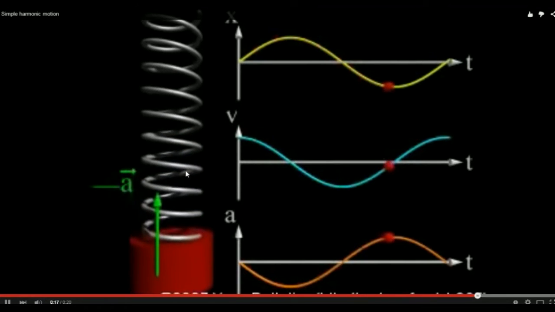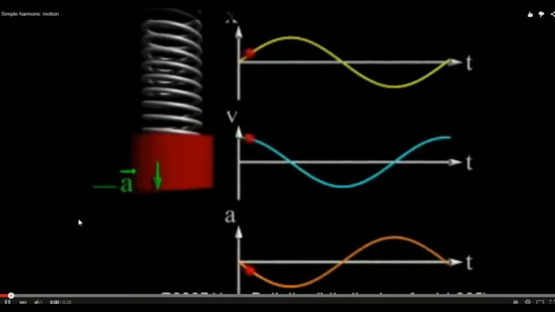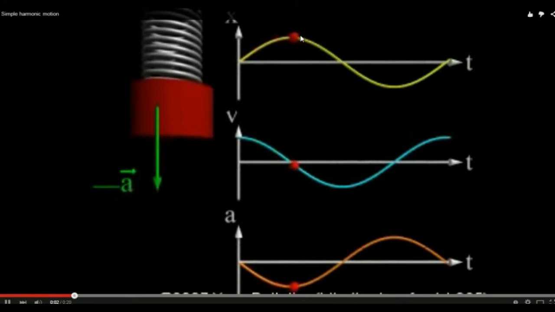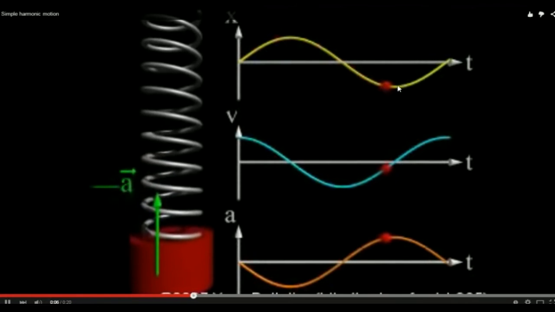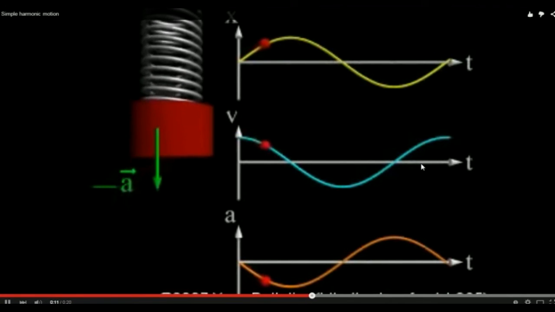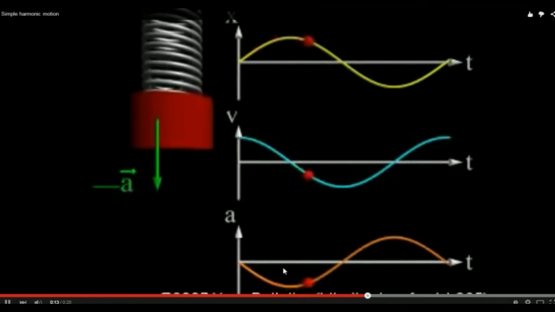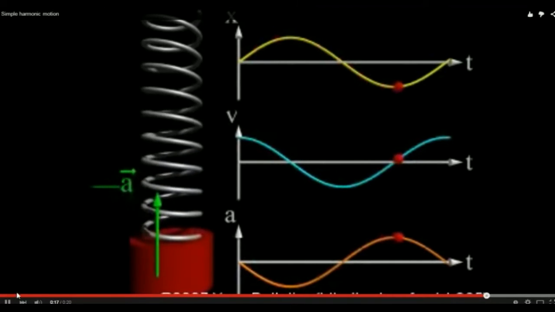So you can see at the endpoints of the oscillation, let me start it over here. At the endpoints of the oscillation, I have maximum displacement at the top and at the bottom. This graph shows me how the velocity varies throughout the oscillation, and this graph shows how the acceleration varies throughout the oscillation.